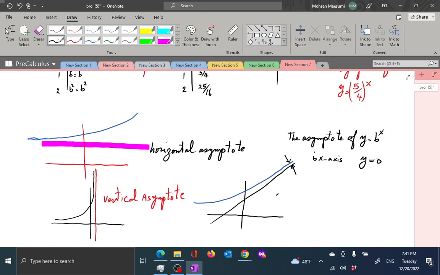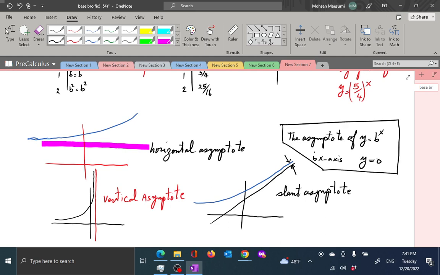Sometimes this is referred to as a slant asymptote, sometimes called oblique asymptote. We see them less commonly than the other ones because they're a bit harder to find. But remember the following for today.